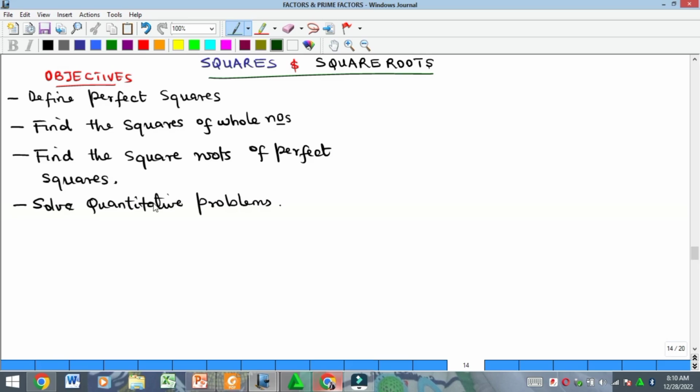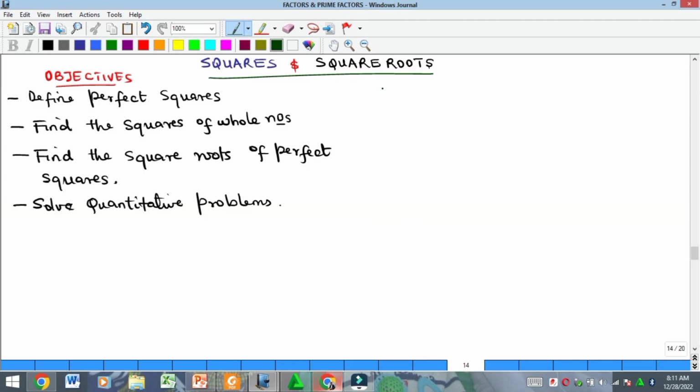All right, so what is a perfect square? A number is called a perfect square when it is the product of a whole number by itself. So when a whole number multiplies itself, what it produces is a perfect square.